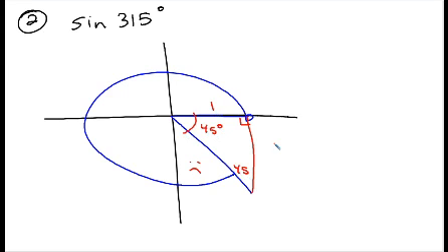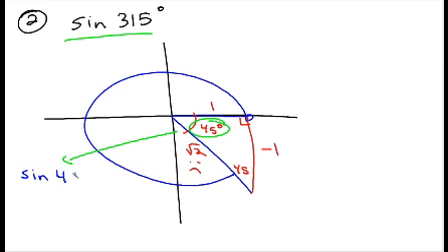1, 1, but this 1 over here is negative radical 2. And now we borrow this 45-degree angle to find the answer of this. All right? So I borrow that, and I say, what's the sine of that particular 45-degree angle?